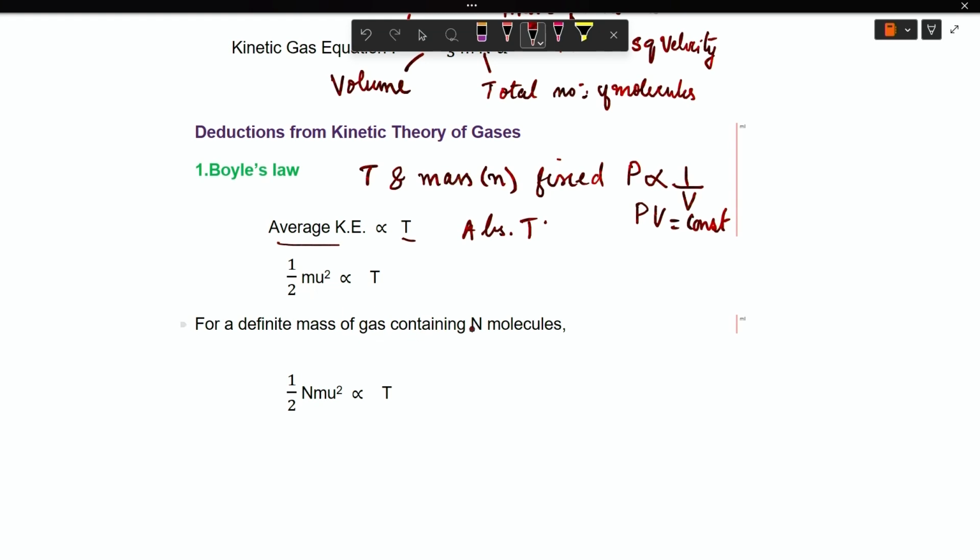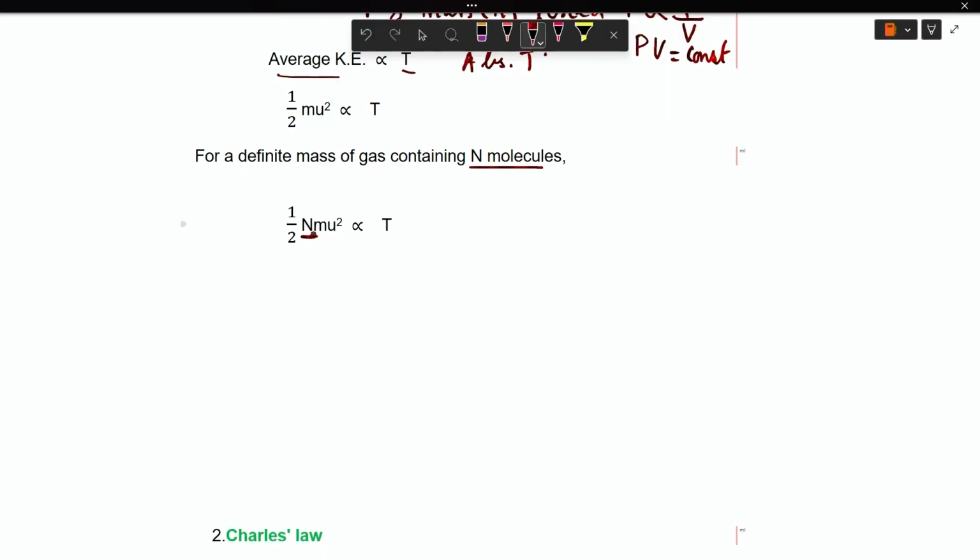If the mass of the gas contains N molecules, the equation takes the form 1/2 N m u² proportional to T, where N is the number of molecules. Here we have the expression 1/2 N m u² proportional to T, which is not yet related to the kinetic gas equation.